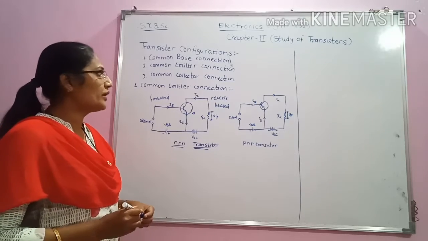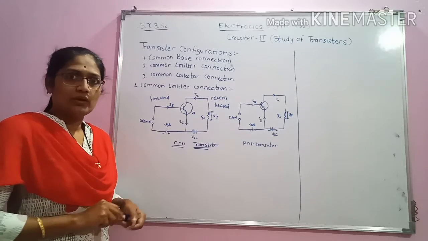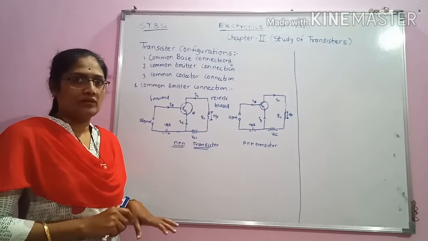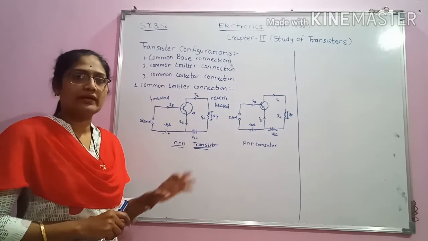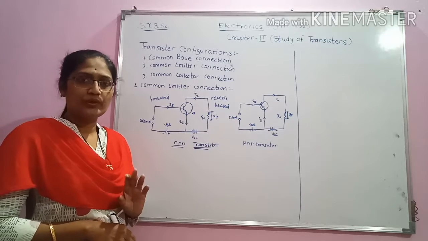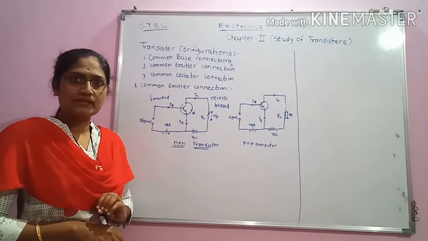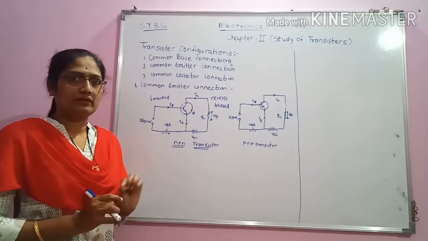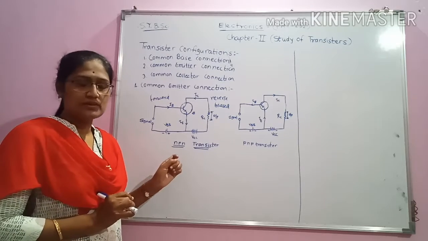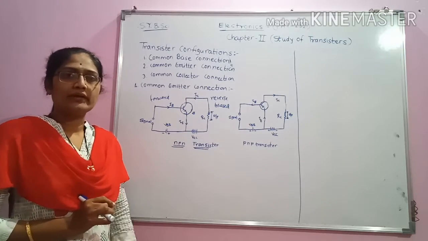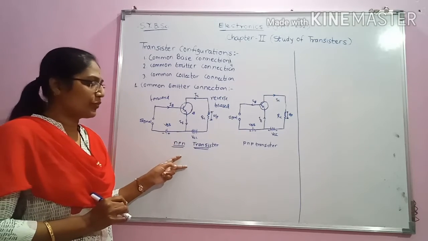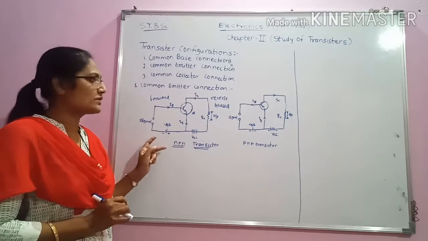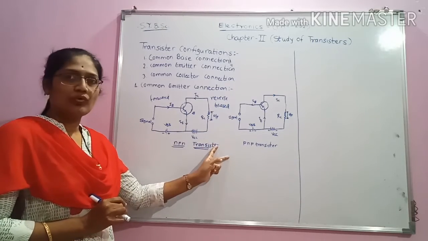In case of common emitter connection, in last lecture we have seen why there is necessity to make the emitter or base or collector as a common, because when we connect our transistor, it has three terminals, and when we try to connect it in a circuit, then we will require two connections for input and two for output.